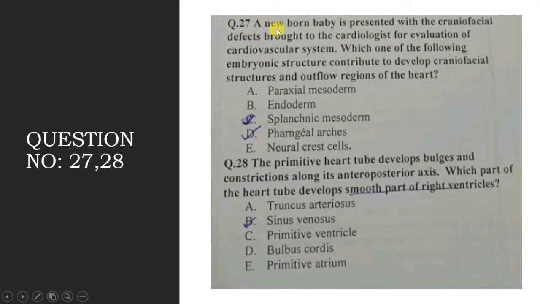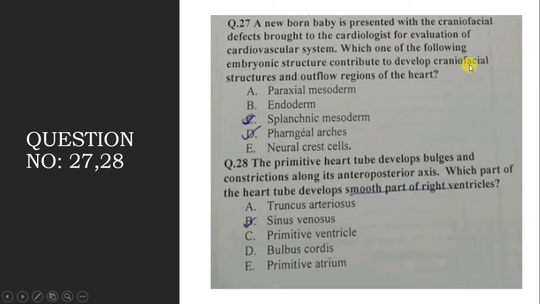Question number 27 says a newborn baby presents with craniofacial defects and is brought to the cardiologist for evaluation of the cardiovascular system. Which one of the following embryonic structures contributes to the development of craniofacial structures and the outflow region of the heart? Pharyngeal mesoderm, endoderm, flanking mesoderm, pharyngeal arches, or neural crest cells.